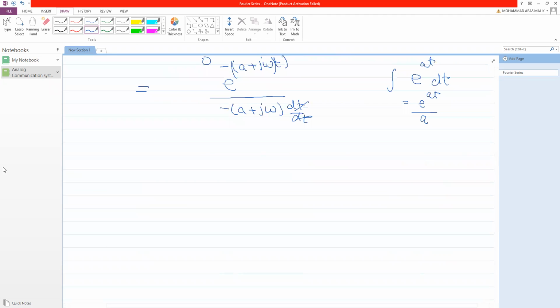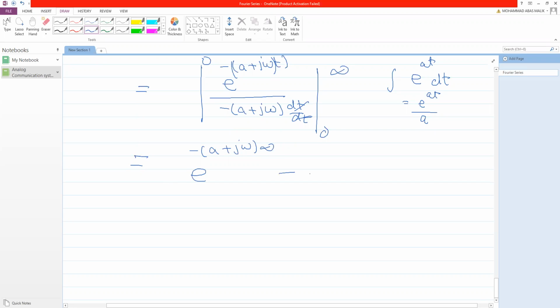So ultimately you have the limit from 0 to infinity. You will get e raised to the power minus (a plus j omega) t at t equal to infinity, minus e raised to the power minus (a plus j omega) 0, and you take minus (a plus j omega) common after putting the limit.